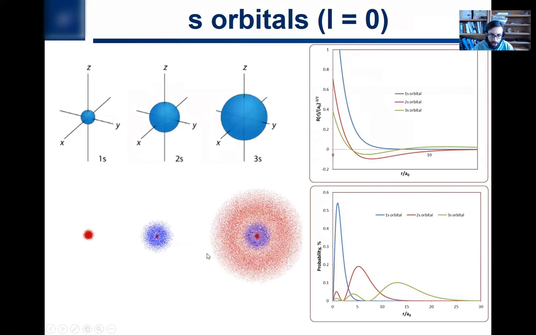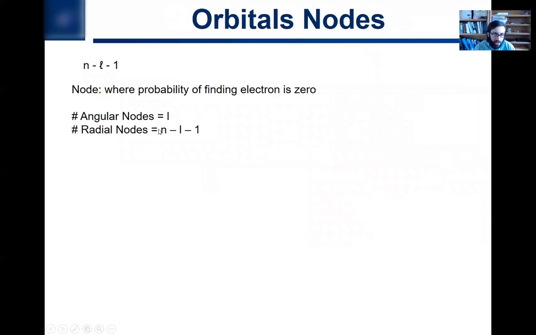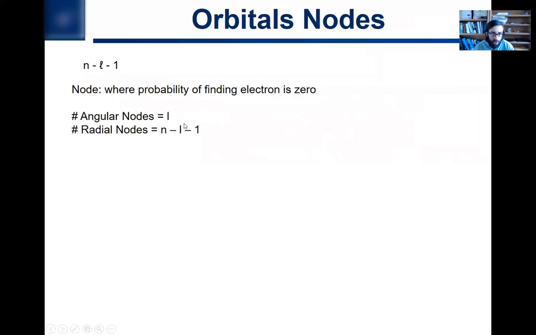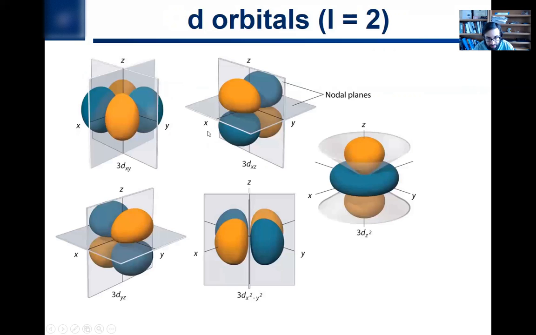The 3s orbital had 2 radial nodes. Well, n is 3 for 3s, L is 0, so 3 minus 1 is 2, okay? Or what about the 3p? 3p had 1 radial node, so that would be 3 minus 1 minus 1 equals 1. So that's how that works. But you can memorize that formula if you want, or just look at the patterns. I find the formula a little confusing. I just look at the patterns.